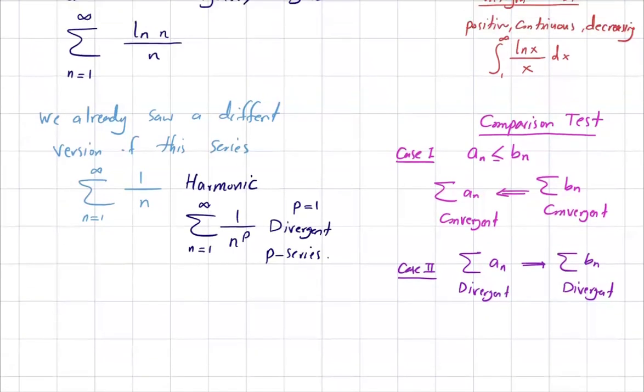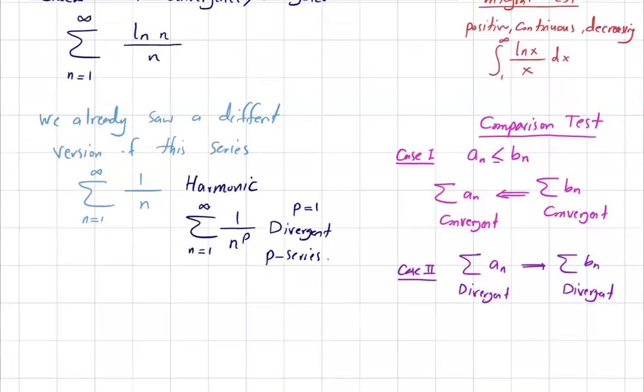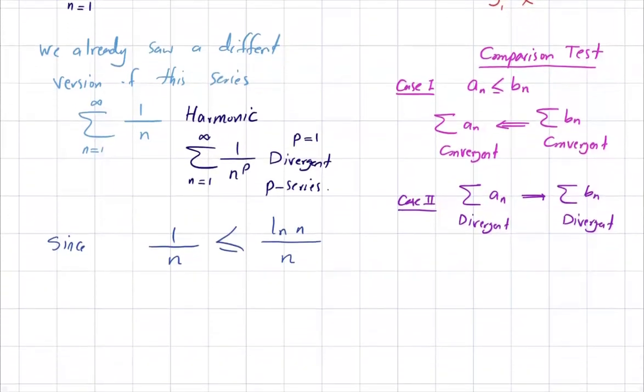So how is it helpful to me? You're going to say that since 1 over n is less than equals to ln of n divided by n, I can apply the comparison test. The smaller series, the series on the left-hand side, is a harmonic series, is less than equals to the series of ln of n divided by n.